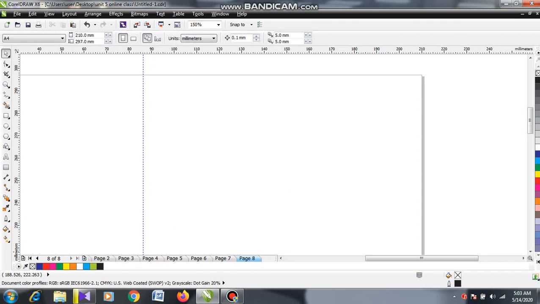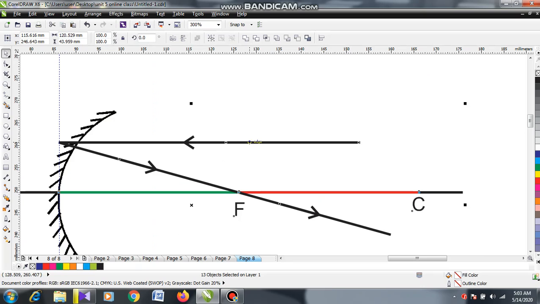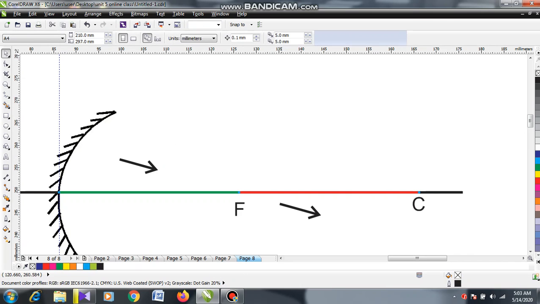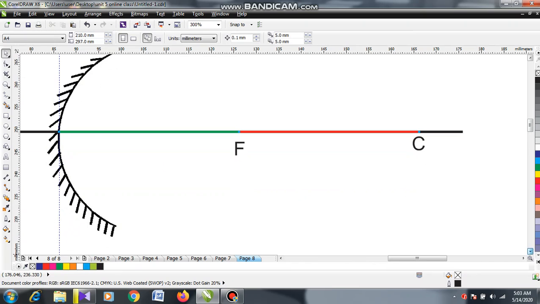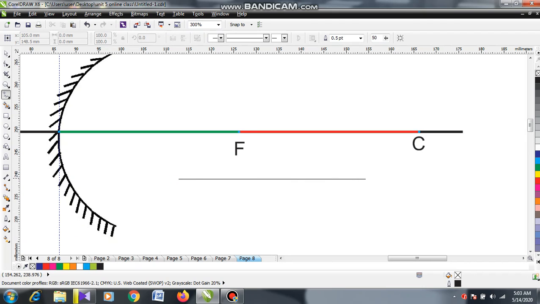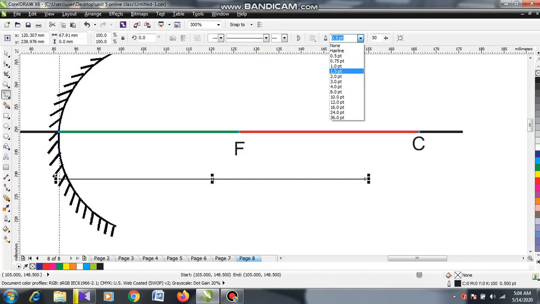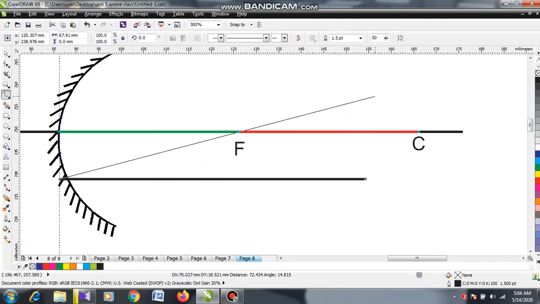If you send the light ray parallel to the principal axis from the bottom of the principal axis, you have to go up to the optical axis, and then it will be reflected in this manner to pass through the focal point.